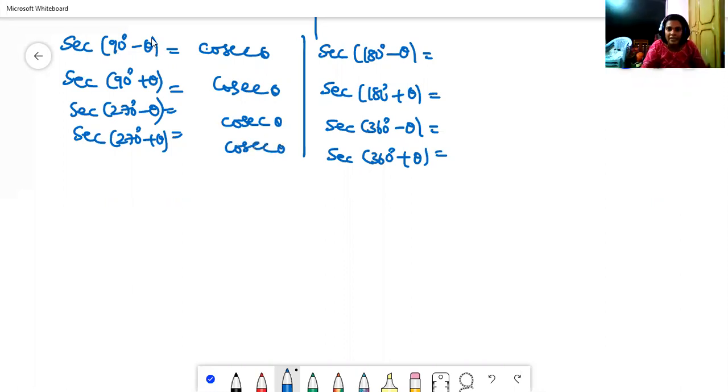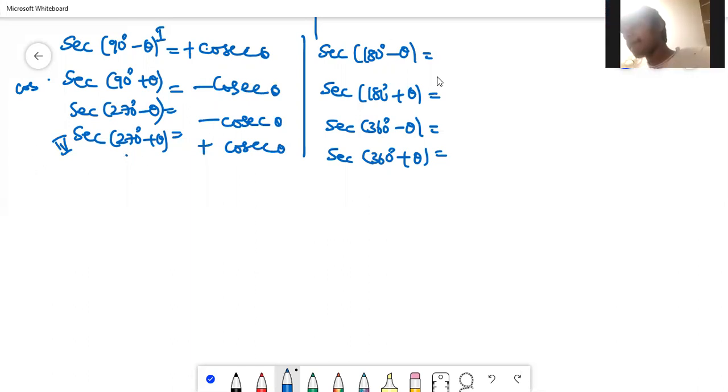For 90 minus theta, in the first quadrant, sec is positive. In the second quadrant, sec is related with cos, so sec is negative. 270 minus theta is also negative. 270 plus theta is in the fourth quadrant, so it is positive. Why? Because in the fourth quadrant, cos and sec are positive.